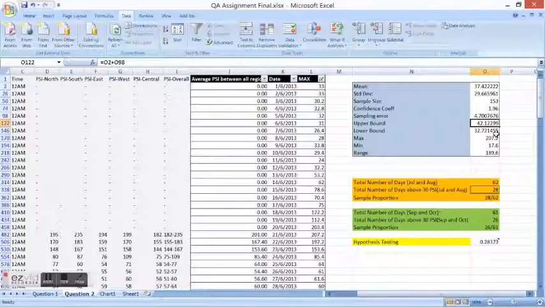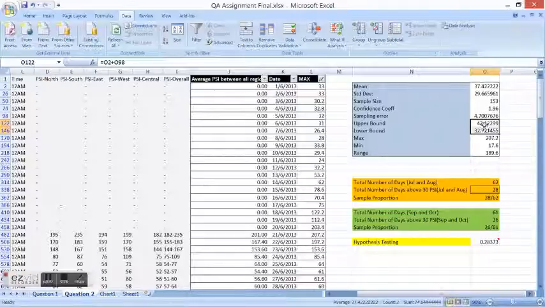So I use the formula we learned in class, and I compute all this information together and get these two values. So this is my confidence interval for the first part of the question.